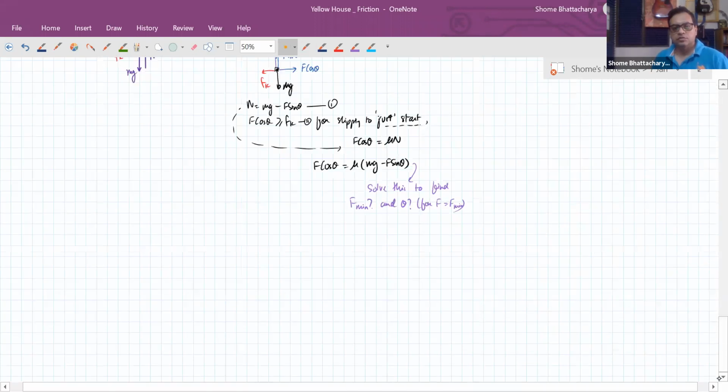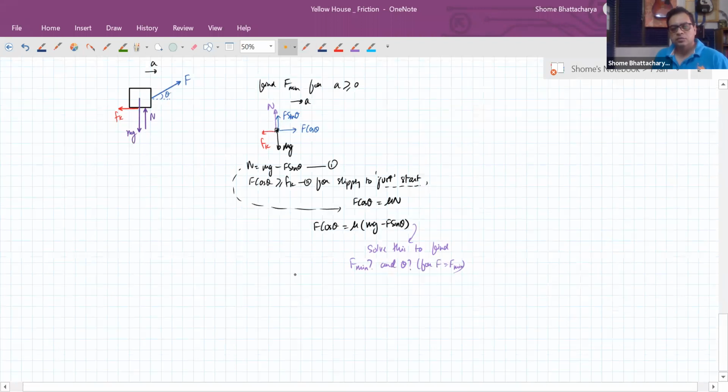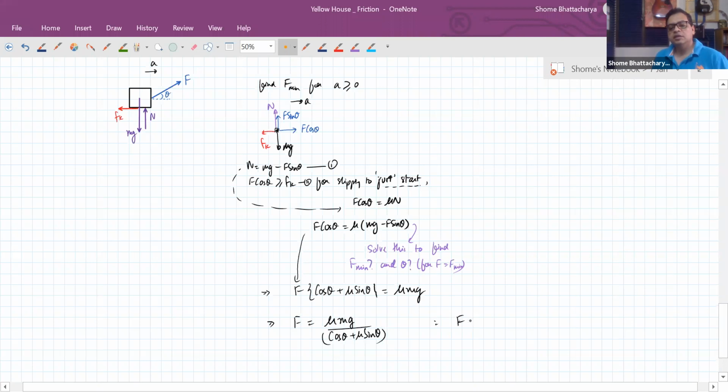As you can see, it has converted into a maxima minima problem. Okay. So further, see this equation will become like this. So you can see here that F has become a function of theta. Okay.